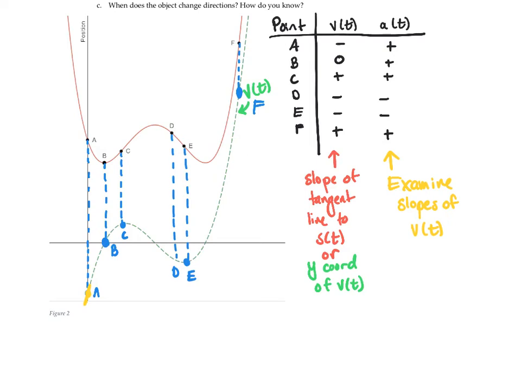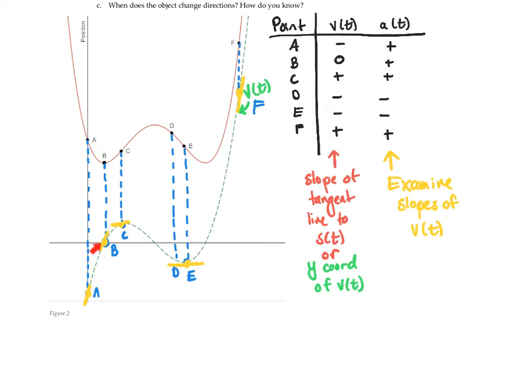So at point A, pretty clearly, we have positive slope. I'm going to go ahead and draw my little tangent lines real quick. Point C, as I said, is just slightly to the left of that inflection point, whereas D is right on it. So going through, point A, we have positive slope to the velocity, so positive acceleration.